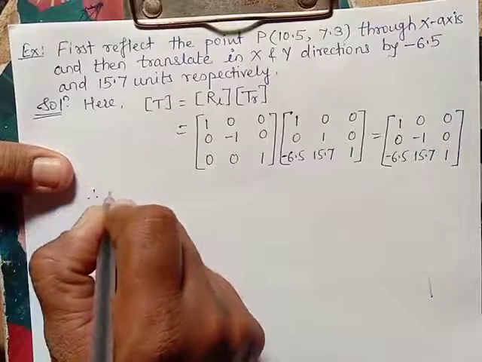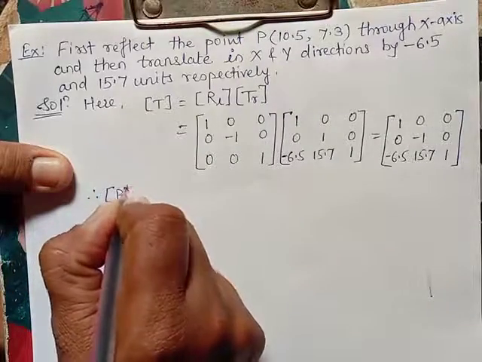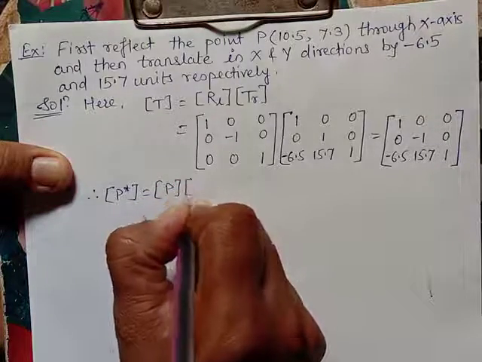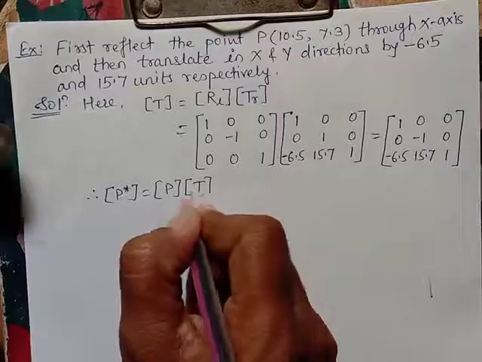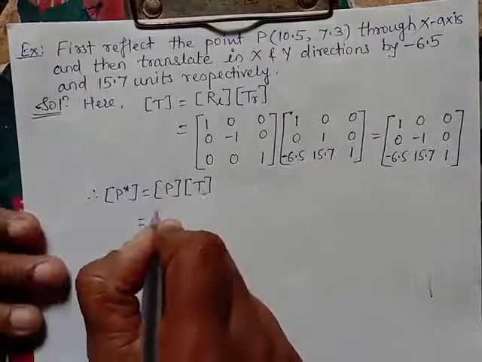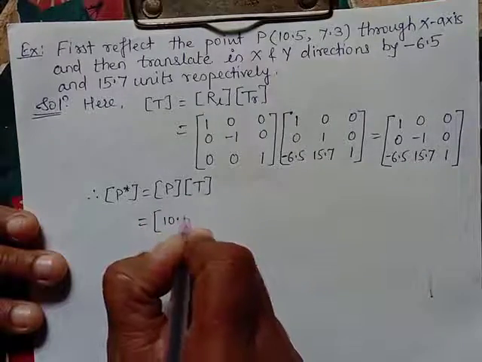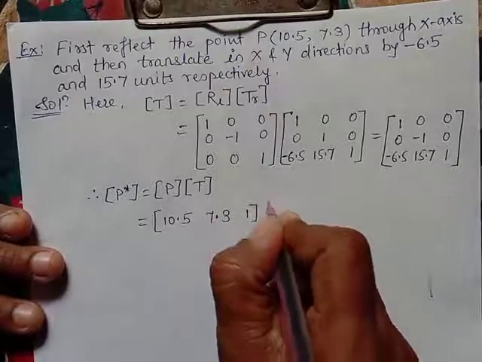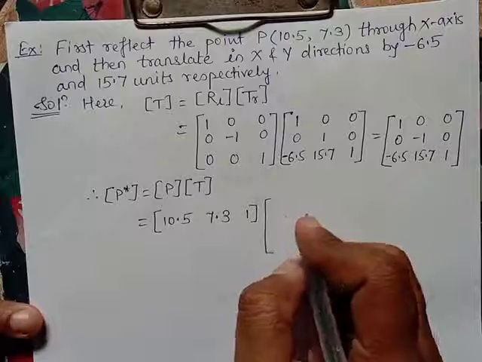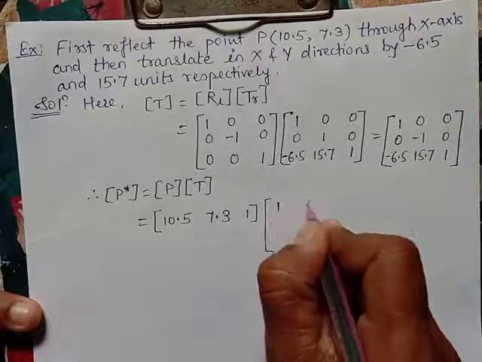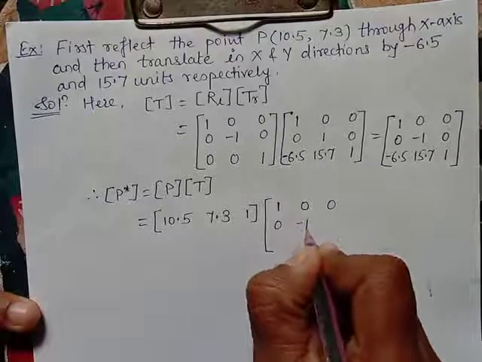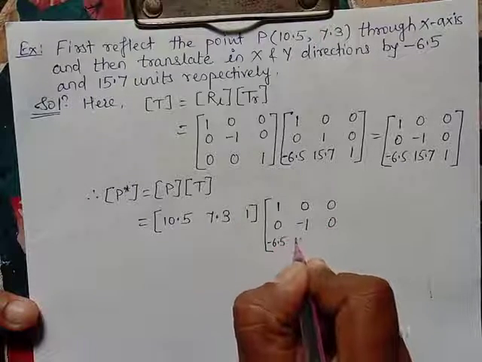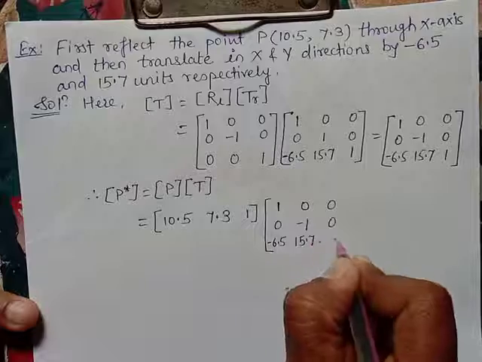So this is the transformation matrix. Therefore, the transformed point P star having the coordinates, which we get by applying T on P. P can be written as 10.5, 7.3 and 1 into T. What is T? 1, 0, 0, 0, minus 1, 0, minus 6.5, 15.7 and what? 1.